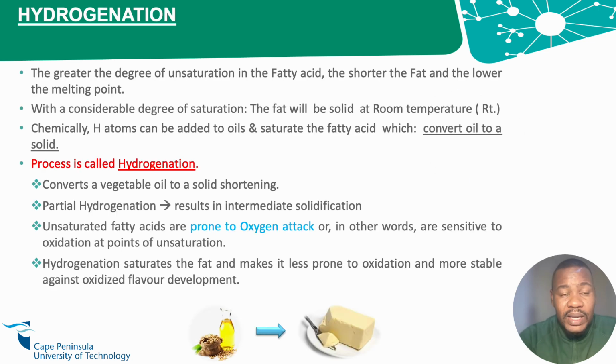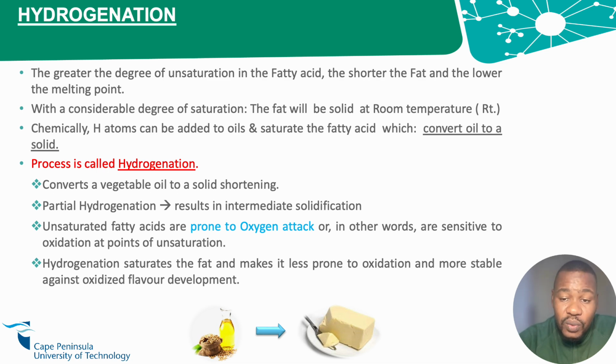In some cases, it may be desirable to convert these liquid oils into solids at room temperature. The greater the degree of unsaturation in the fatty acids, the shorter the fat and the lower the melting point. With a considerable degree of saturation, the fat will be a solid at room temperature.